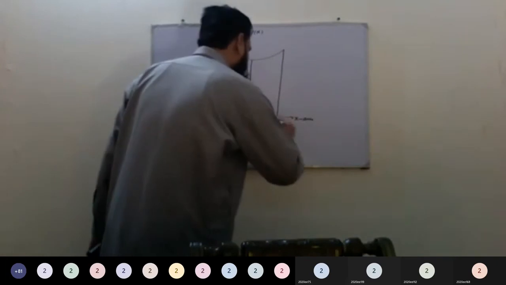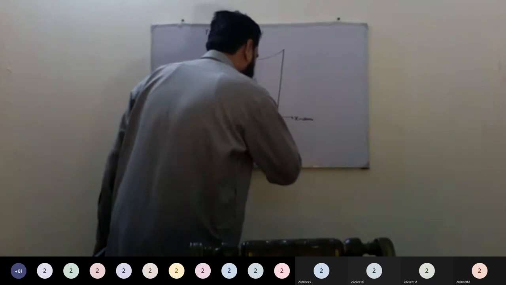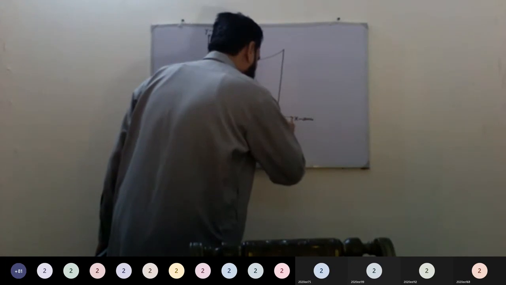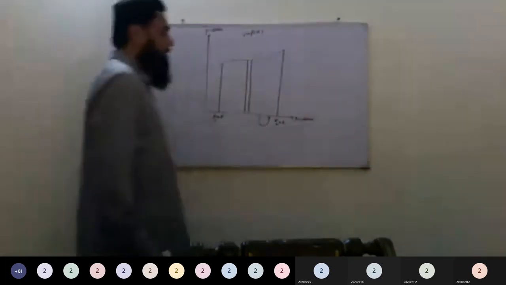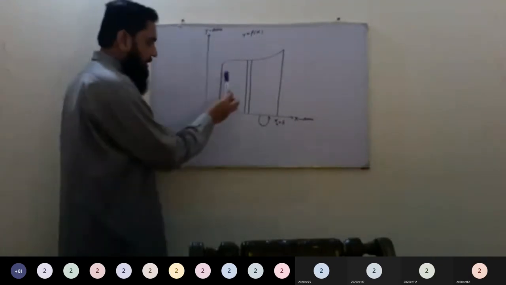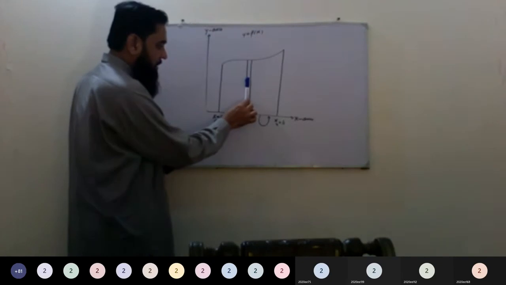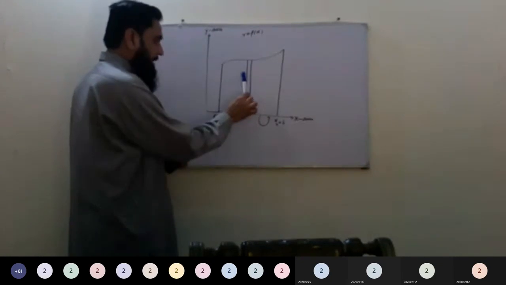What we do is rotate this about the x-axis. We take one of the vertical strips, just like this marker, imagine it is a vertical strip, and we rotate it about the x-axis.